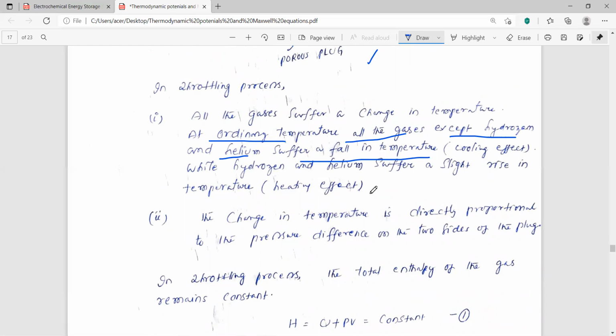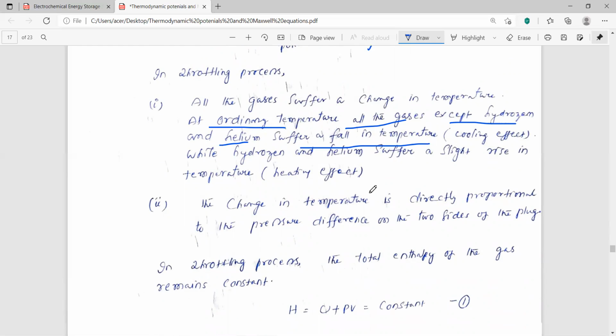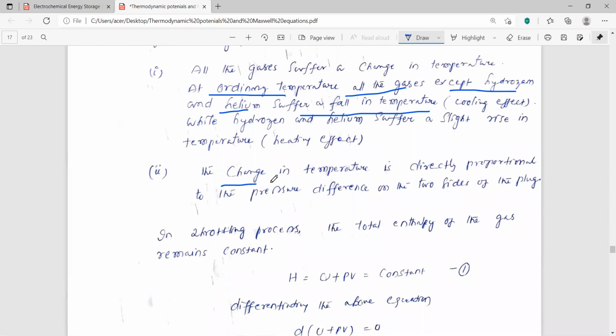I can give a clarification on that later. Now, the change in temperature is directly proportional to the pressure difference on the two sides of the plug.